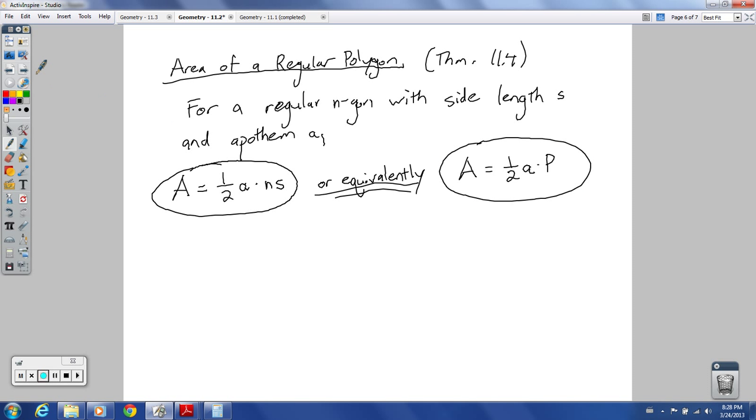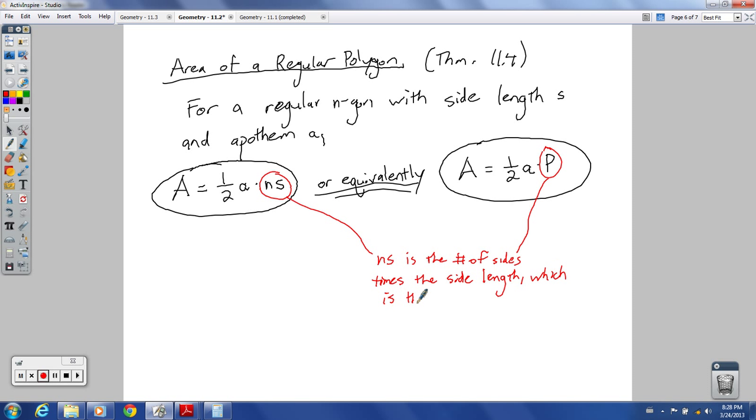And in a different color, please make this note here that these aren't two separate formulas. They don't say two separate things. This and this right here are the same thing. n s is the number of sides times the side length, which is the same as the perimeter P. That's what the capital P stands for.